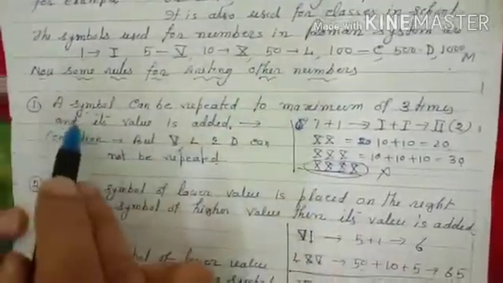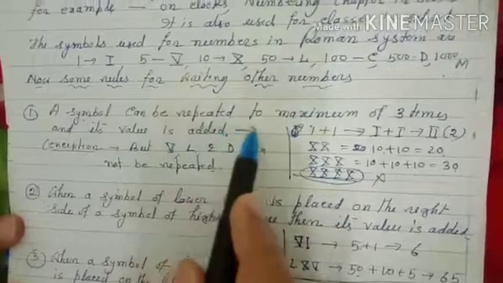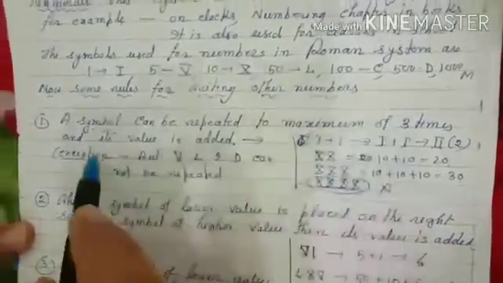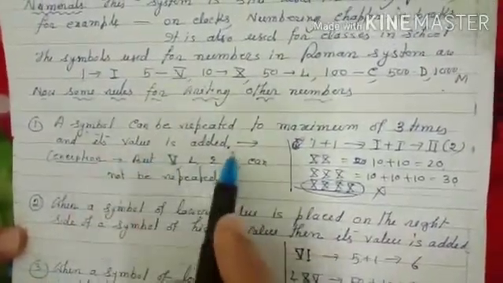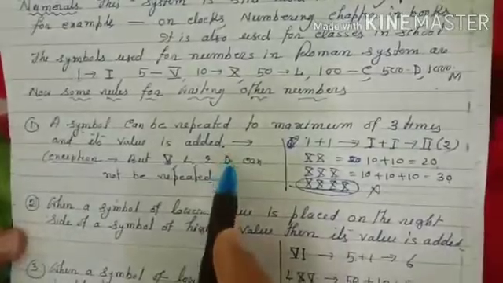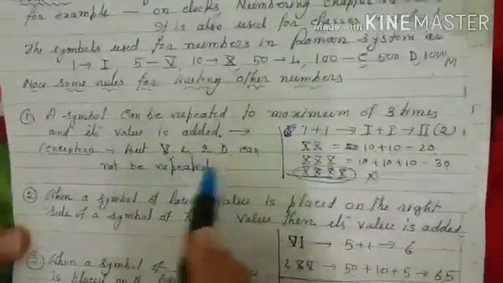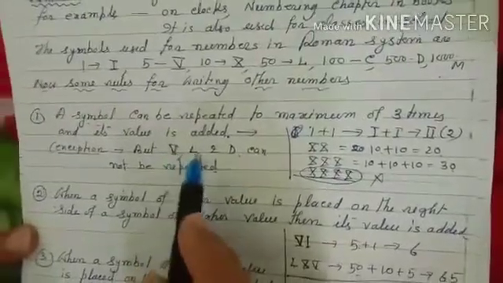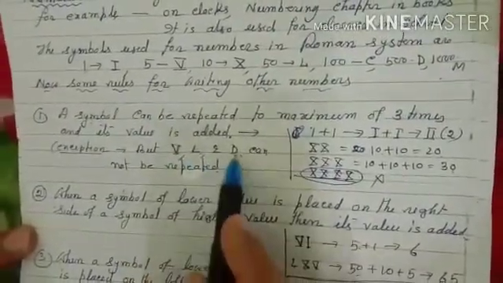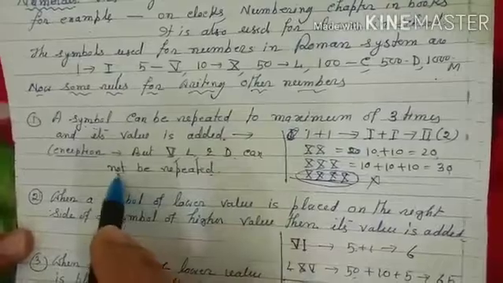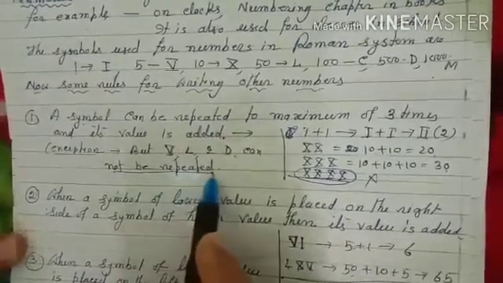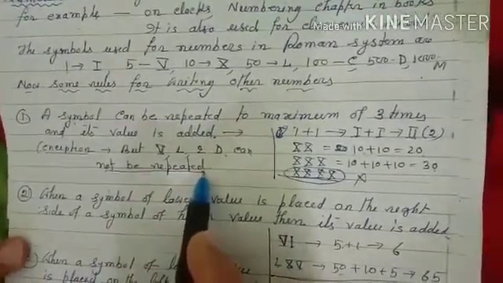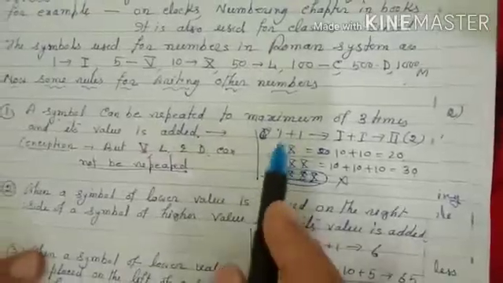Now the first rule is, a symbol can be repeated a maximum of 3 times and its value is added. You already know this, but there is one exception: V, that is 5, L, that is 50, and D, that is 500, cannot be repeated. It is very important, these cannot be repeated, but other symbols can be repeated. Now see examples of how to write.